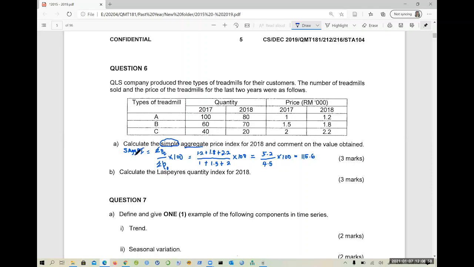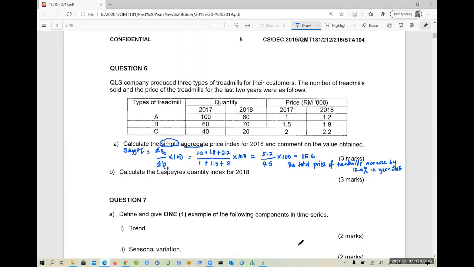How do you explain this? Since this is an aggregate index, you have the word total price. So you can say the total price of treadmills increased by 15.6% in year 2018.